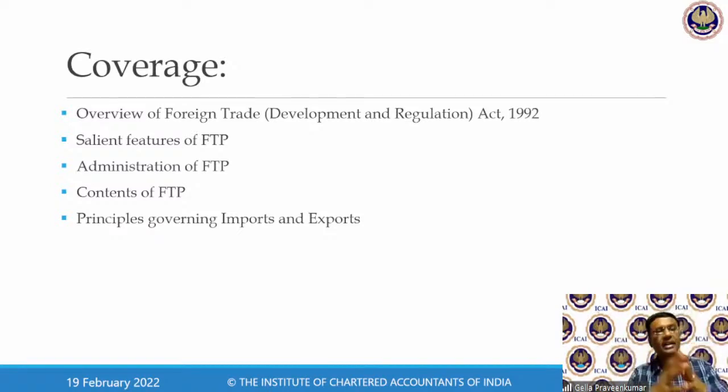I am just briefing in general layman language so that you can understand. Assuming for a moment that the foreign trade policy says steel can be imported freely, but the Customs Act says there is an anti-dumping duty on steel. So there is a clash.